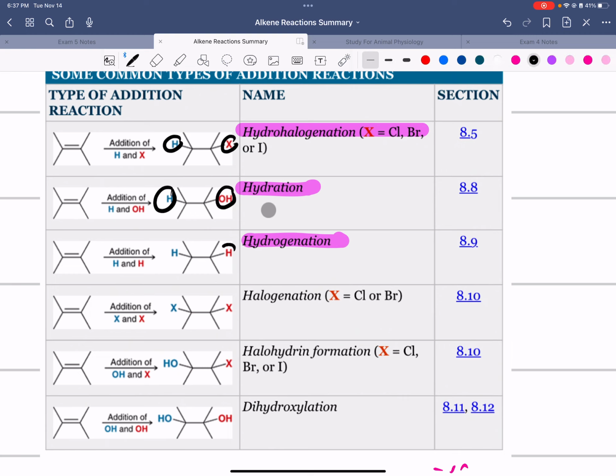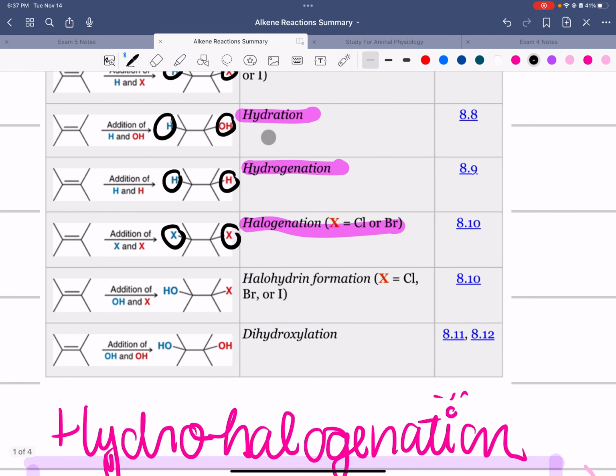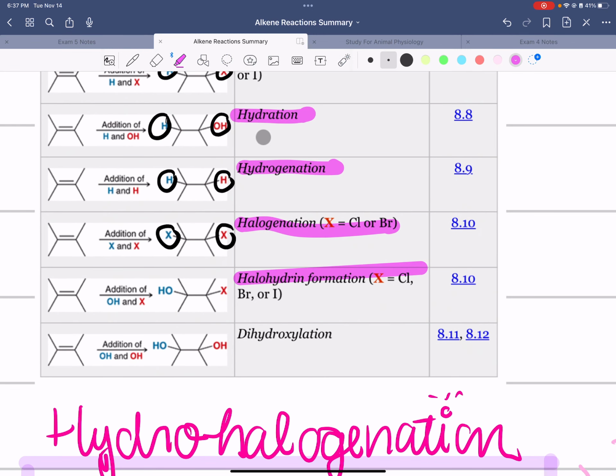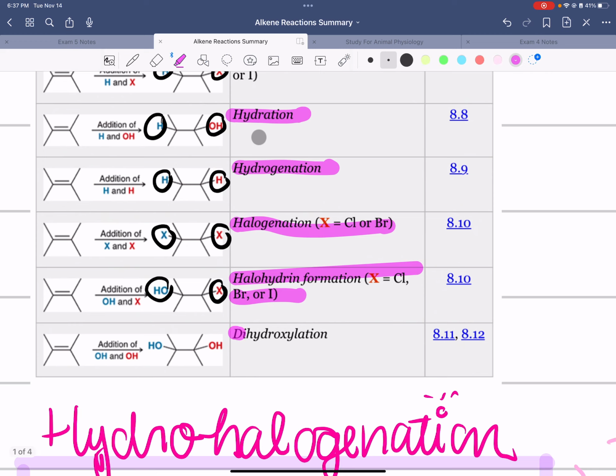It's the addition of a hydrogen and a hydrogen, and you can infer a halogenation is the addition of a halogen on each side. A halohydrin formation is an OH and a halogen, one on each side. And then hydroxylation, in which we have an OH on each side.